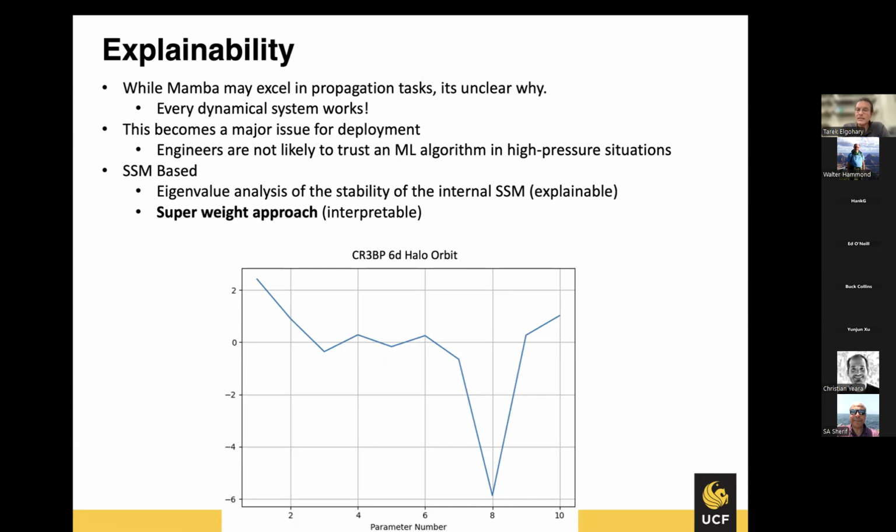So we came across the superweight approach. There's a way to come up with weights on the various portions of the network, and we're still testing this, but that's one area where we try to connect all of this: why does it work so well, and how we can make predictions on it in the future.